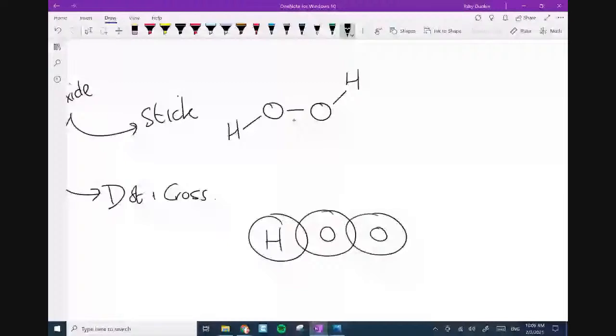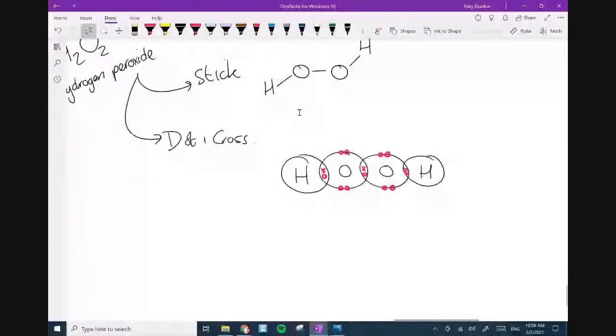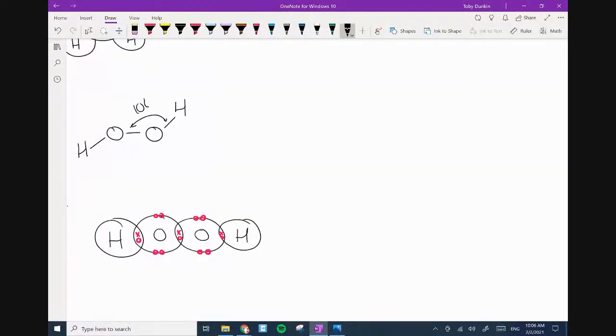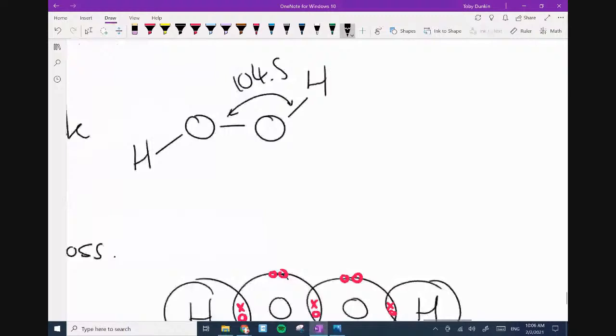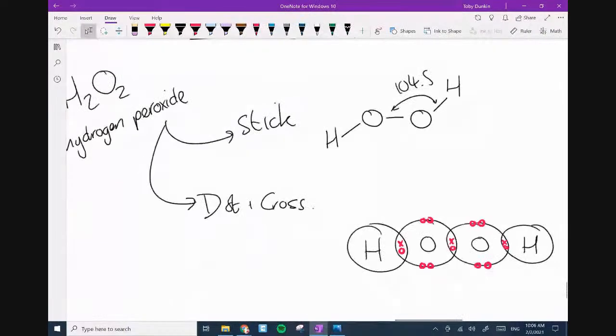But then you need oxygen to add up to 8. We're done. There we go. If you want to see the more accurate, because that is the correct, by the way, the bond angle there again is 104.5 if you're interested. You guys have to know hydrogen peroxide. You've got to know it. For Edexcel at GCSE, they love hydrogen peroxide.